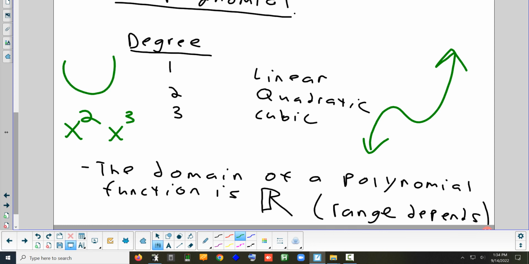In general, both ends either continue up, or you could flip it, and both ends would go down. So when a degree is even, you've got to pay a little more attention to the range. When it's odd, it's going to go up and down forever, which means it's all real numbers. So domain and range of polynomials is much easier than some other types of functions.